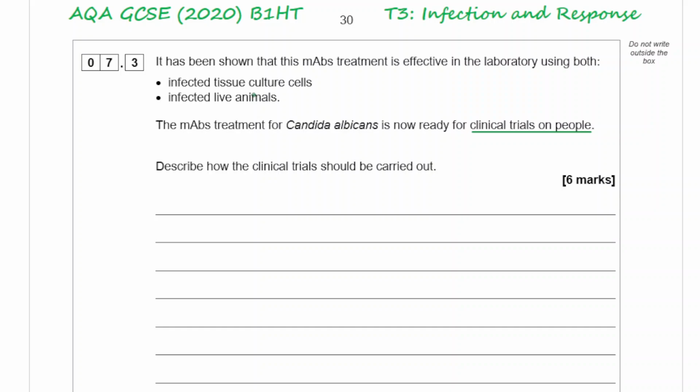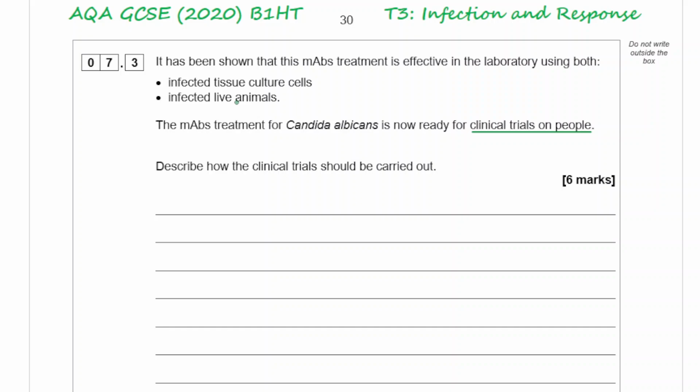Then we actually test it on animals like mice. I don't think they still test on larger mammals, but we don't know. And then once we decide, okay, it actually works on animals as well, we move on to humans. Now, human trials start off by first testing it on healthy humans to see if it has any side effects.